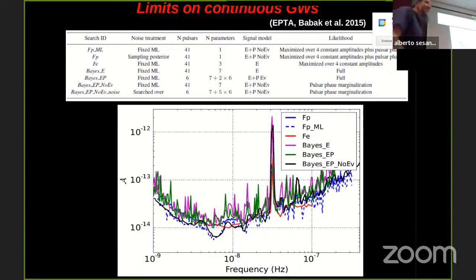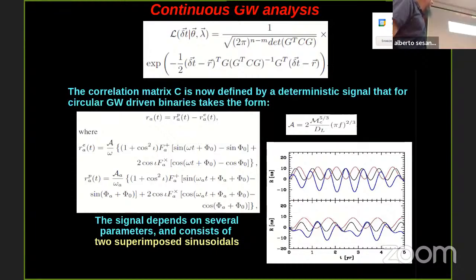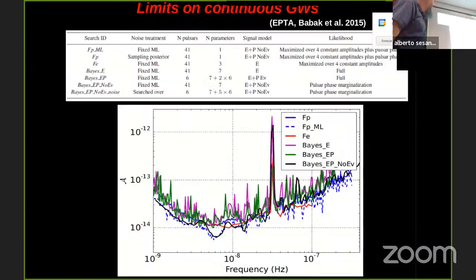Fine. Other questions? Yes. When you mention the individual sources and you say that they are nearby, what do you mean by nearby? So what do I mean by nearby sources? In general, when we construct mock signals, mock universes, and we extract the individual sources that we can see, most of them cluster at redshift between 0.1 and 0.3.